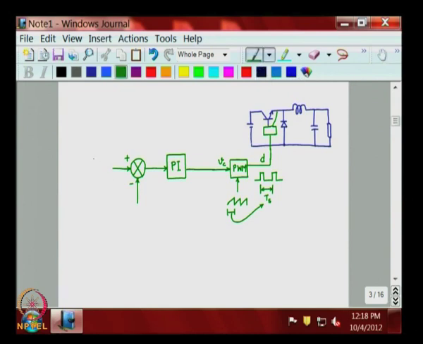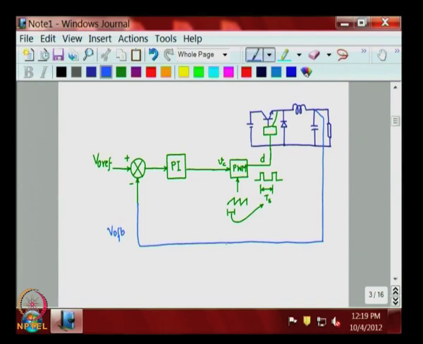So, let us say we set the reference for the output voltage, which means that you will need to feed back the output voltage sense and bring it into the controller, and this is how you feed back the output voltage V naught feedback.